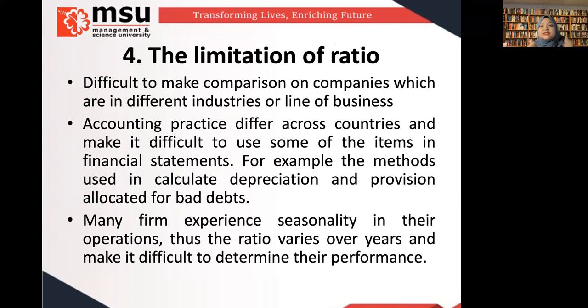Second, sometimes the answer might not include the depreciation. So ratio analysis also has some weaknesses lah. But we can also use financial ratio as part of the analysis of a company. Okay.